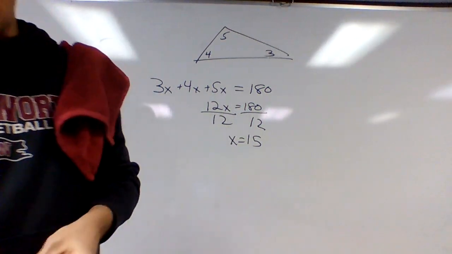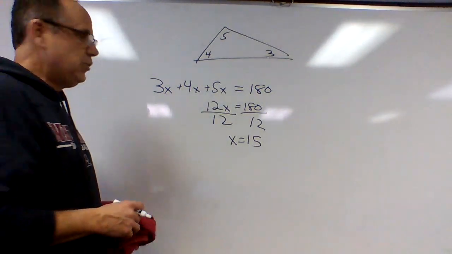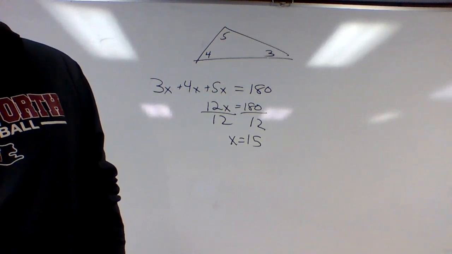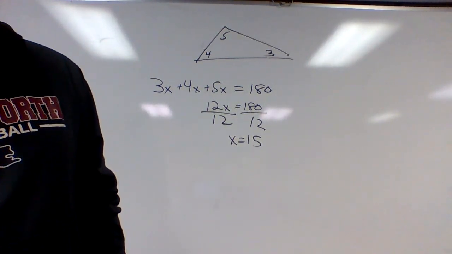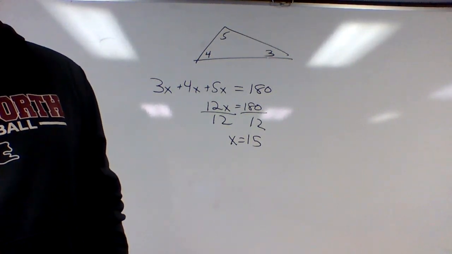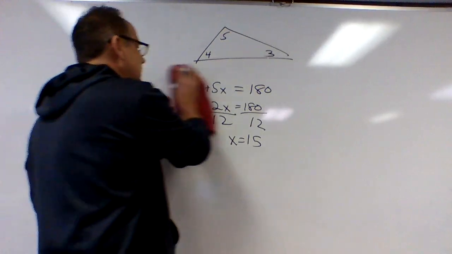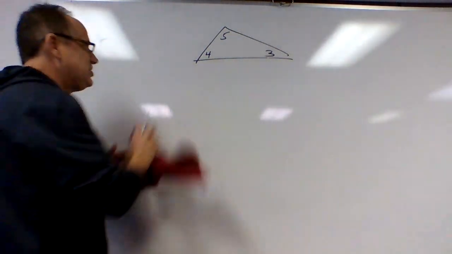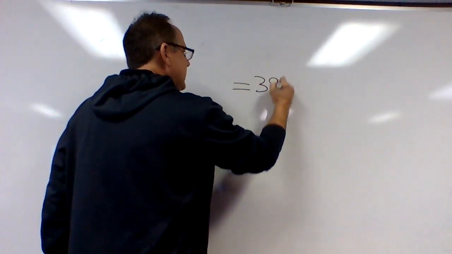When we look at guided practice 2, middle of page 462: in a triangle, the ratio of the measures of the sides is 2 to 2 to 3, and the perimeter is 392. So we put it equal to 392.